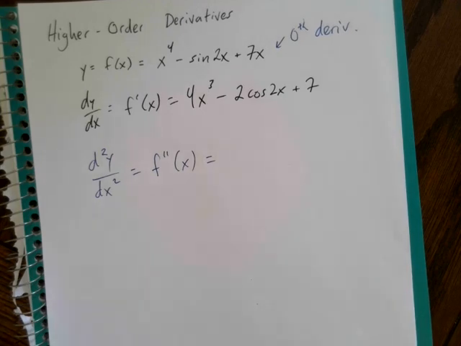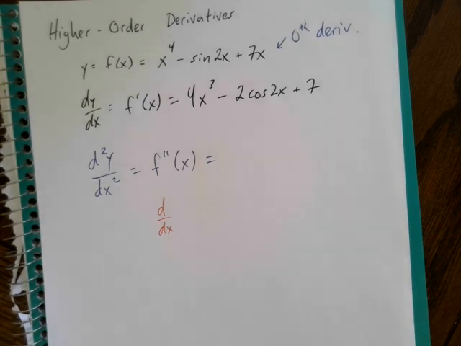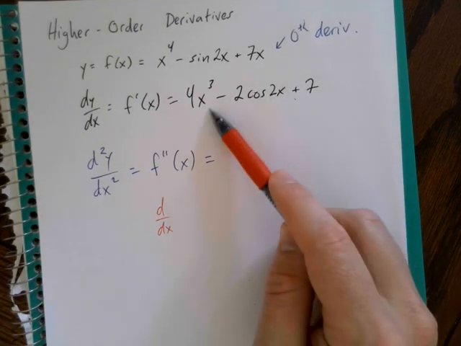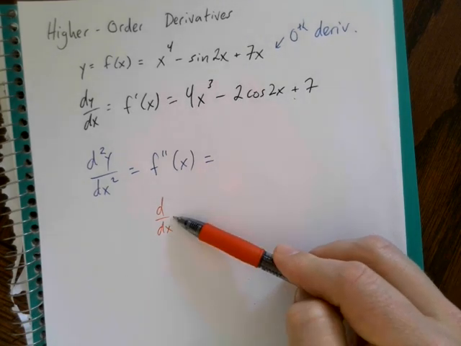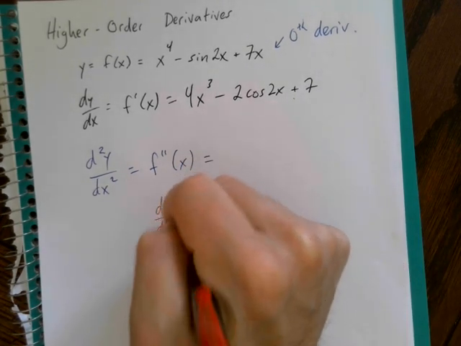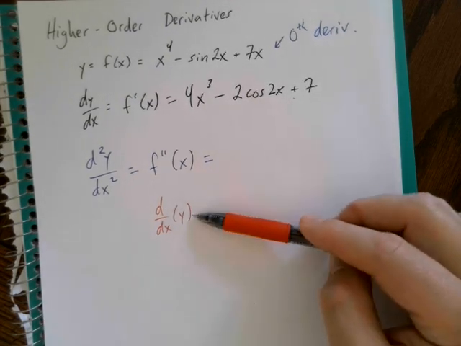Why are those 2's in different places? It's because in calculus, this is the operator, right? Just like a plus and a minus sign are operator signs in arithmetic. In calculus, this is the operator sign. It tells you what you do to this input. So we do the derivative with respect to x to this function.